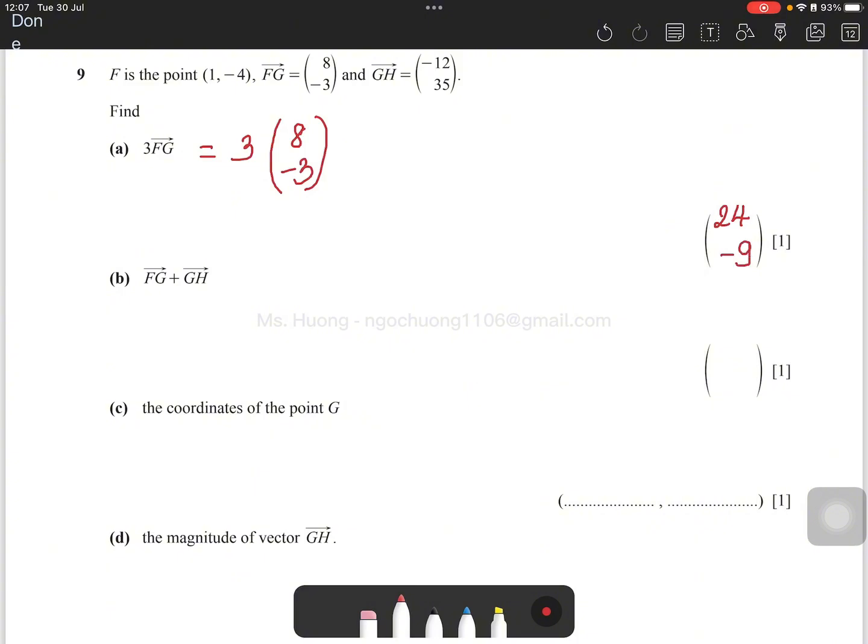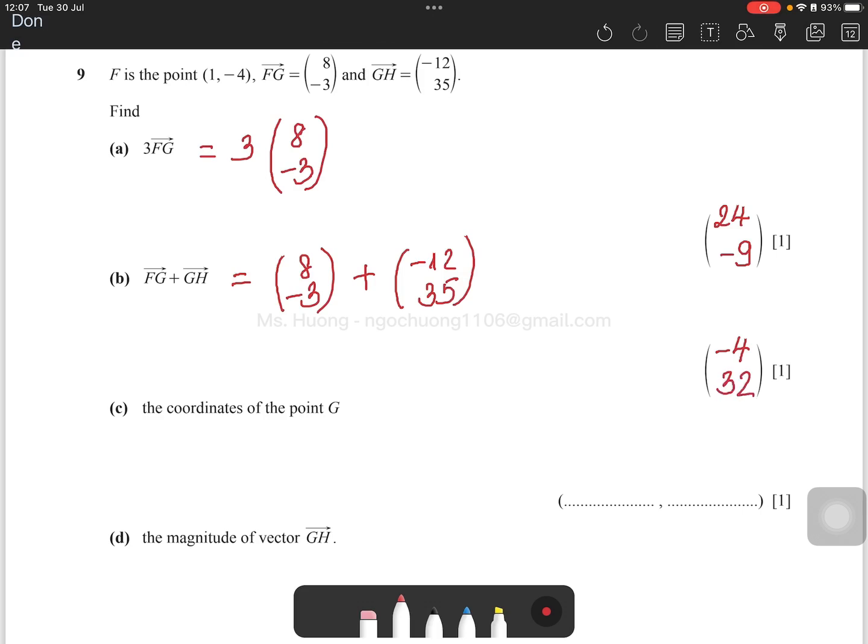B. The vector FG is (8, -3), plus vector GH, which is (-12, 35). 8 plus -12 is -4. -3 plus 35 is 32.